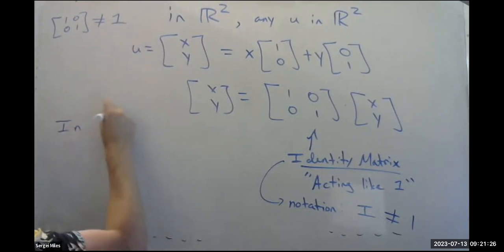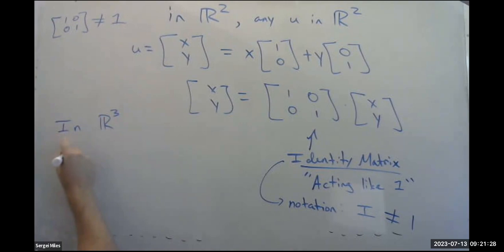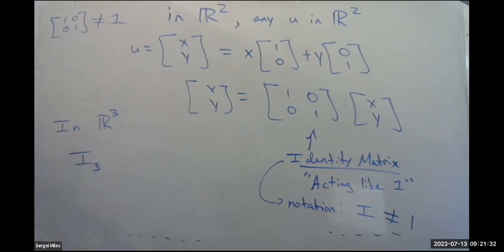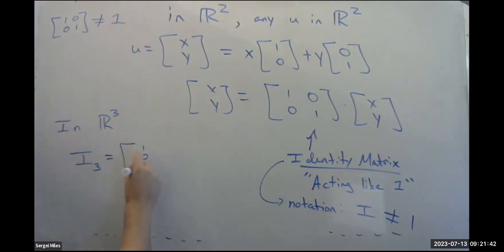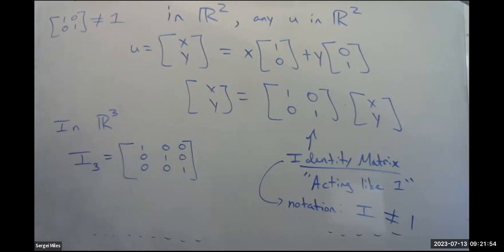In R3, the identity matrix, and I'll use subscript 3 here, so I subscript 3, in other words, the identity matrix in R3 is going to be the same kind of idea. I have a vector going in the x-axis direction, a vector going in the y-axis direction, a vector going in the z-axis direction, right?